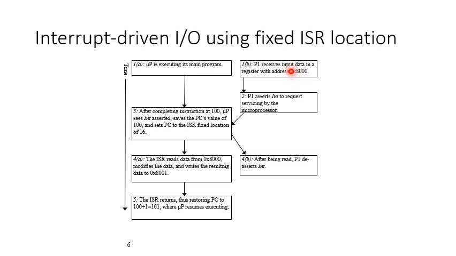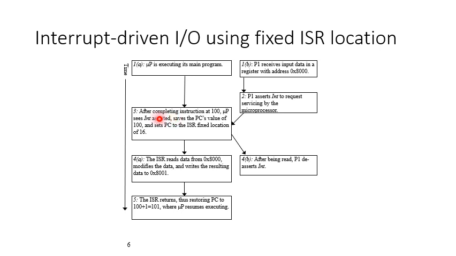So P1 receives input data in that particular register. In the second step, P1 generates a signal and asserts the interrupt request, so the processor can provide service.